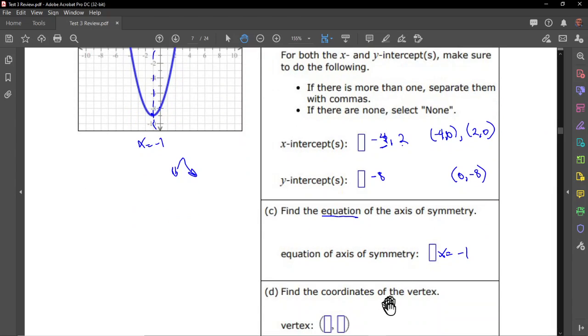Okay. Find the coordinates of the vertex. Well, that's that point right here, so that's going to be -1, -9. So read those right off of there.